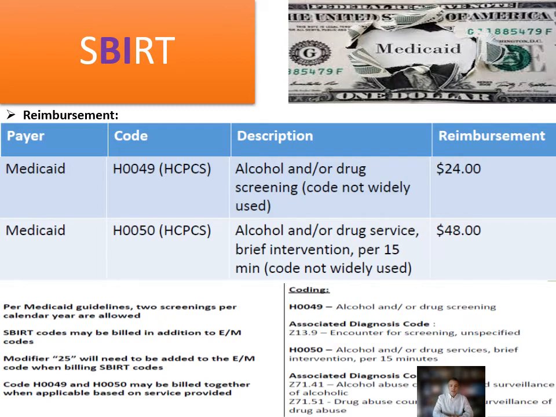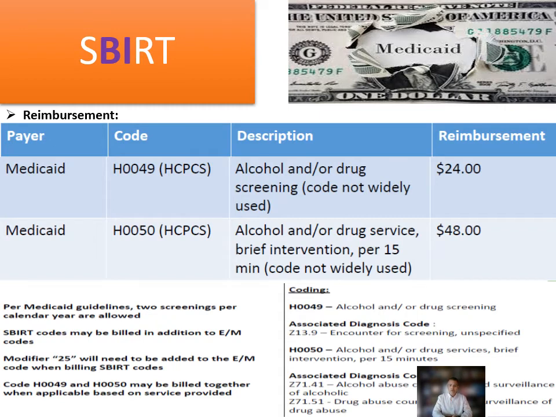So per Medicaid guidelines, 2 screenings per calendar year are allowed, and SBIRT codes may be billed in addition to those evaluation and management codes. So if they're coming in for evaluation and management of another chronic disease state, you can add on using a 25 modifier to bill for those SBIRT services along with what they were already there to address.